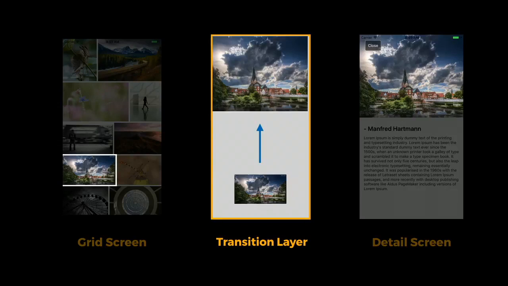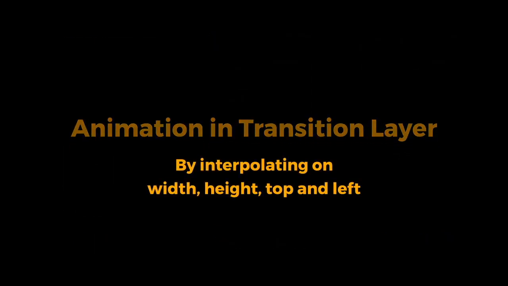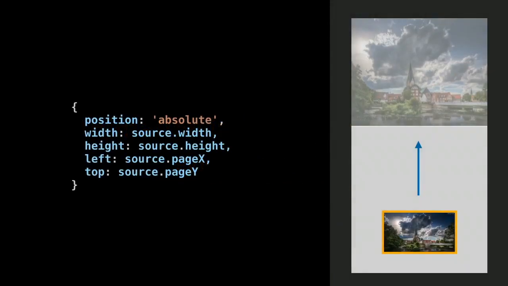Okay, so let's animate now. Since we know that we are changing from one position and one size to another, I'm just going to change the CSS properties, which are width and height for the size, and top and left for the position. Everything I'm doing now is only in the transition layer. In the transition layer, I'm going to render the image in the source width and height, which is the start width and height, and the start pageX and pageY, which is the start position.